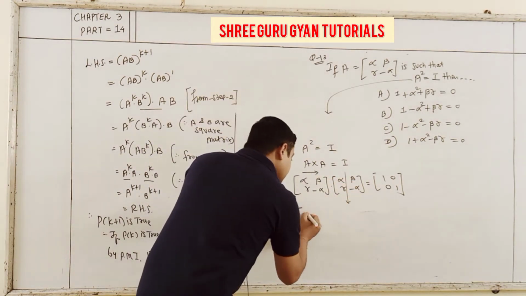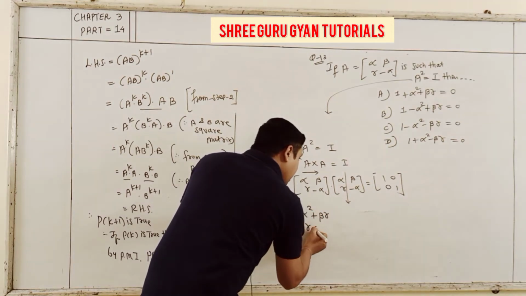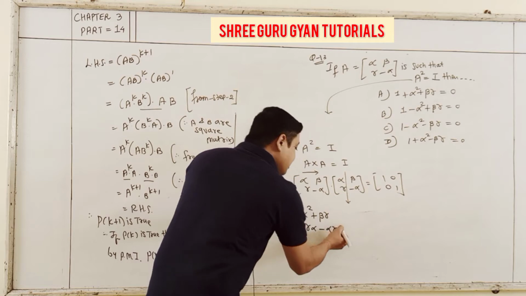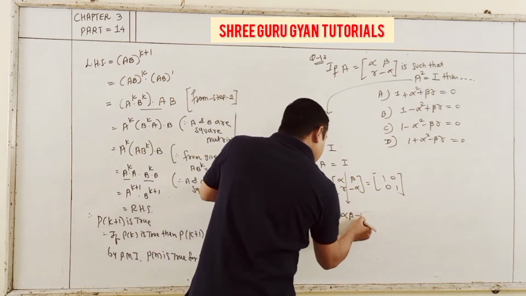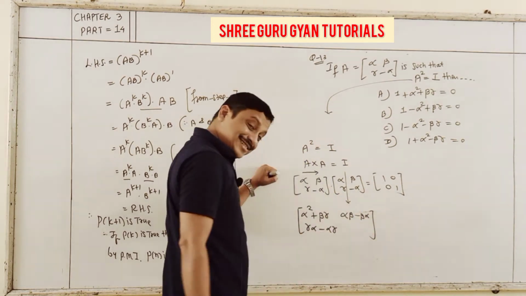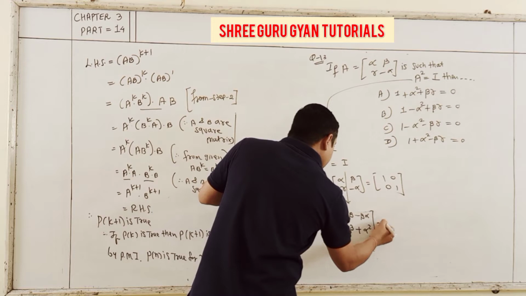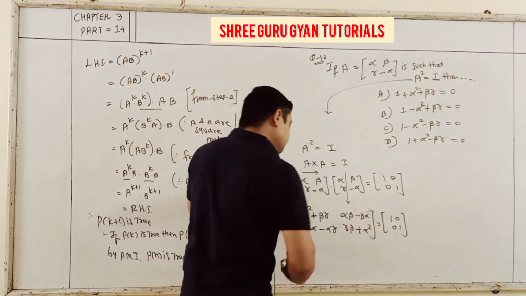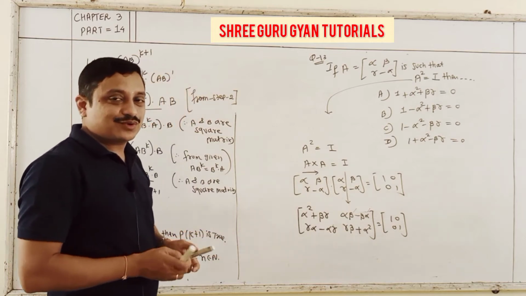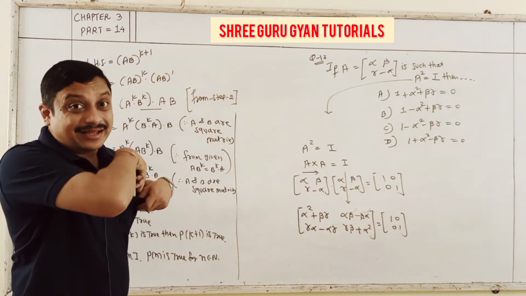So your data is alpha square plus beta gamma. Now gamma alpha minus alpha gamma, they cancel. Same alpha beta minus beta alpha, this also cancels. And last gamma beta plus alpha square, the same, this cancels.